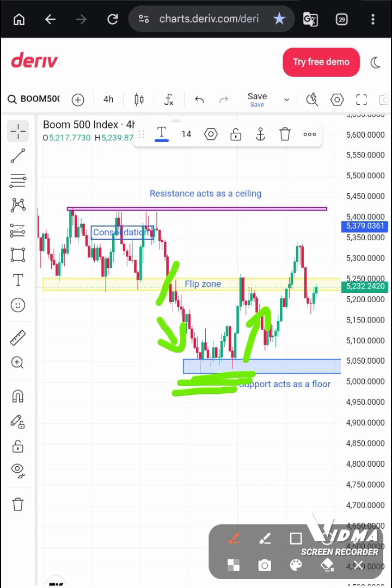On the right side, where we currently are now, our flip zone here acted as a resistance at this point, but on the left side it acted as a support, okay? Then right now a decision is yet to be made because price is still going up.